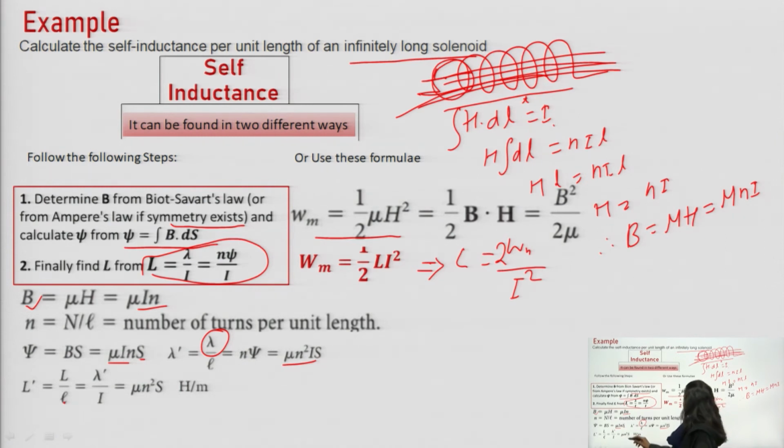This will be equal to mu N square S Henry per meter. Once we have this value, we can get the inductance after multiplying by the given length. So in this way we found the value of inductance in the case of an infinitely long solenoid.